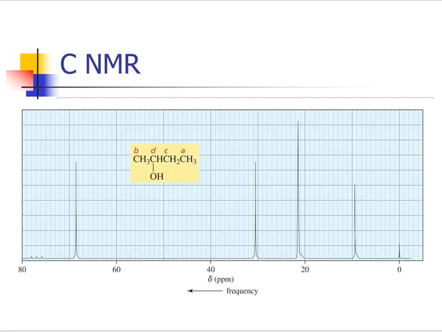And then finally here is just the idea that we can also do carbon NMR as well as hydrogen NMR. What we would do with carbon NMR, it's actually much cleaner and much simpler, but we would just do what we've always done with hydrogen, and we would look at this and say, how many different types of carbons are there? Not protons. And we would see 4 different types of carbons, and we would see 4 signals that come from those types of carbons.